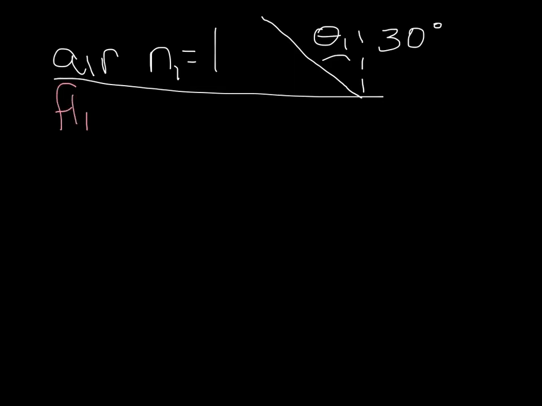So we know we have air, and we know the index of refraction for air is 1. And we know it's coming in and hitting this at 30 degrees. So theta 1 is 30 degrees. And we know it is going into flint glass.